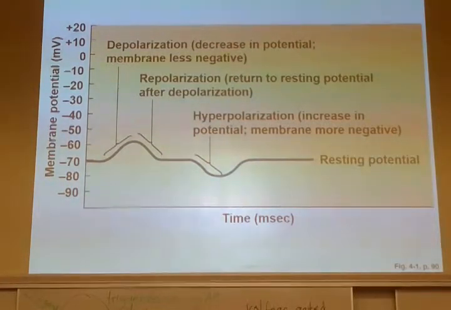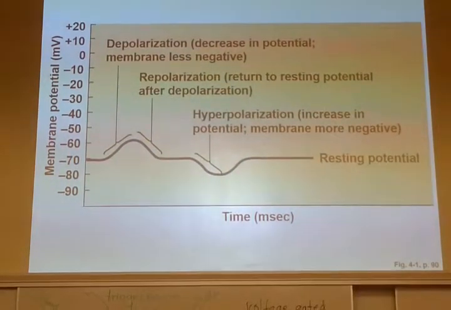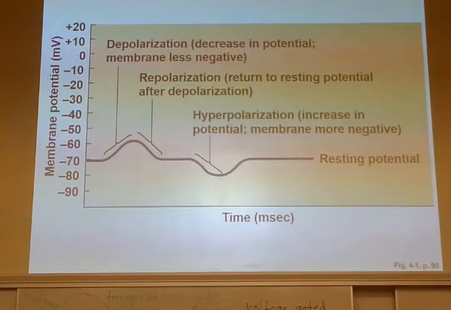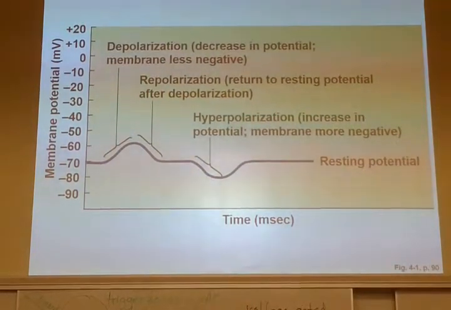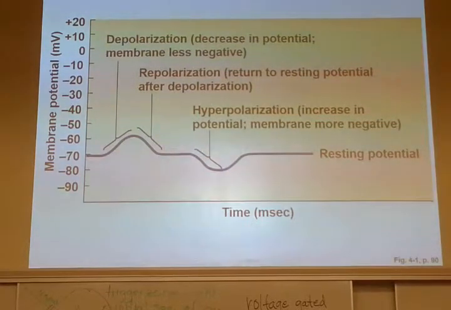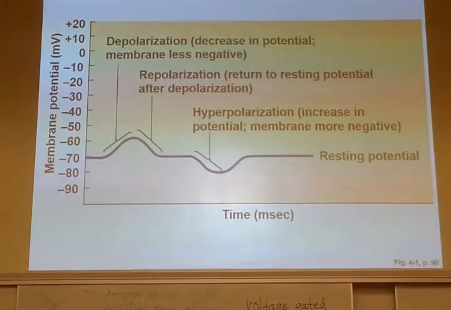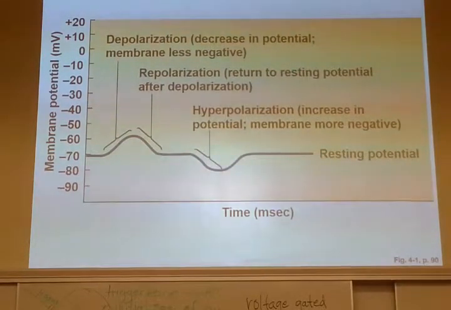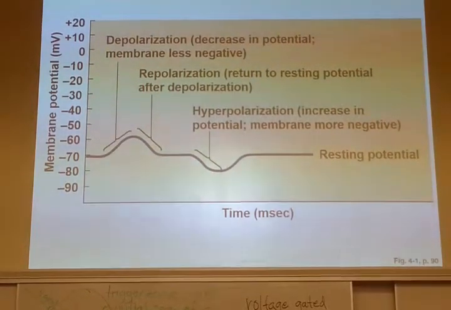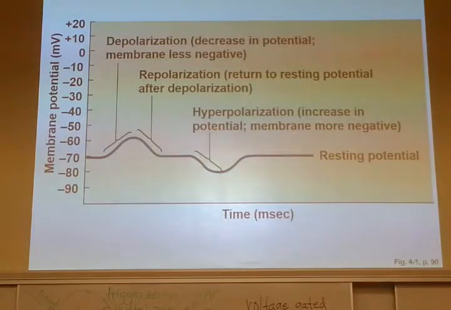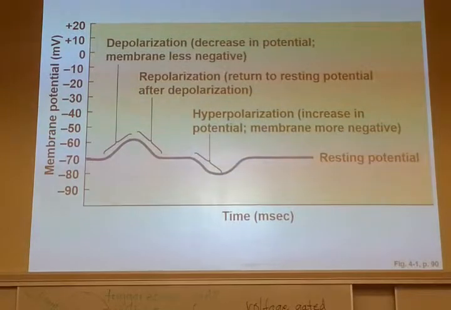When you reach plus 30 millivolts, there's enough positive charge inside the axon at that initial segment that the positive charge accumulating here is going to repel the positive charge on this protein. And the negative charges out here, now because sodium left, are going to attract that part of the protein.